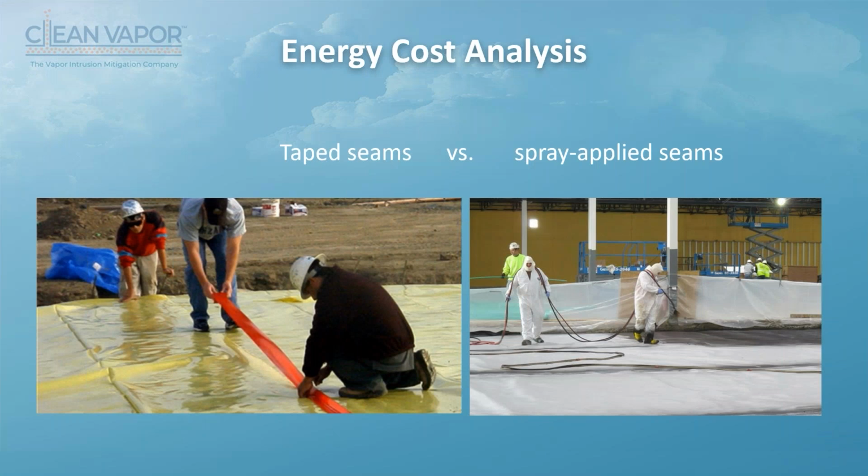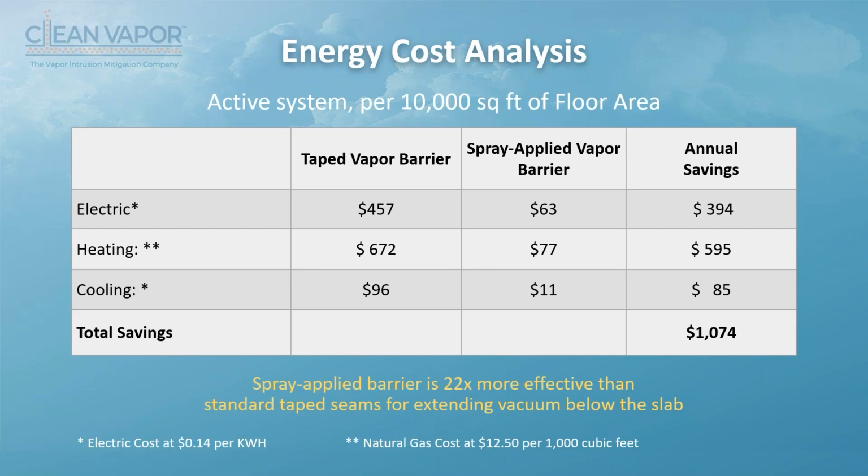Again, right now we're at the end, and we're going to look at the energy efficiency and the cost analytics of tape seams versus sprayed applied barriers. This is based on some buildings that we've installed where we've been the installation contractor on polyethylene versus spray applied vapor barriers. So this is based on an active system and the leakage when vacuum is applied.